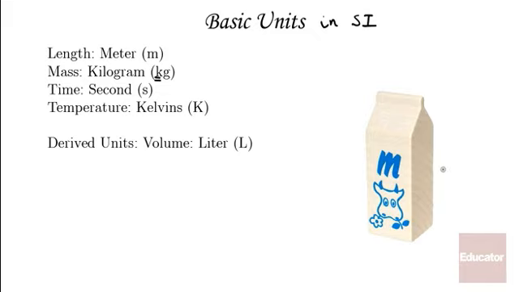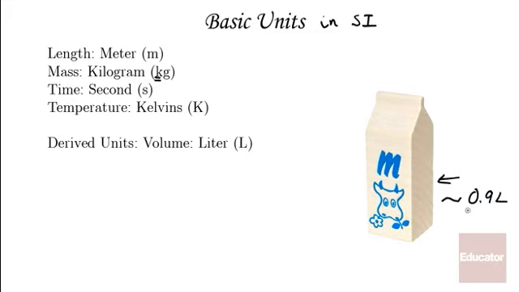And a quart on American measurement scales is very close to a liter. It's about 0.93 of a liter. So have a look at your milk carton next time, and you will see that one that looks like this is approximately 9/10 of a liter.